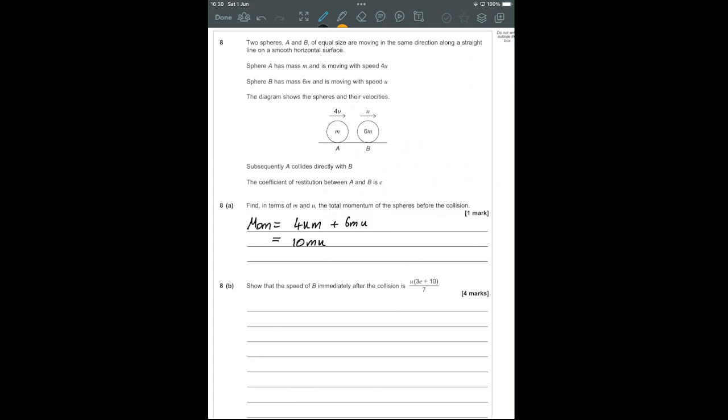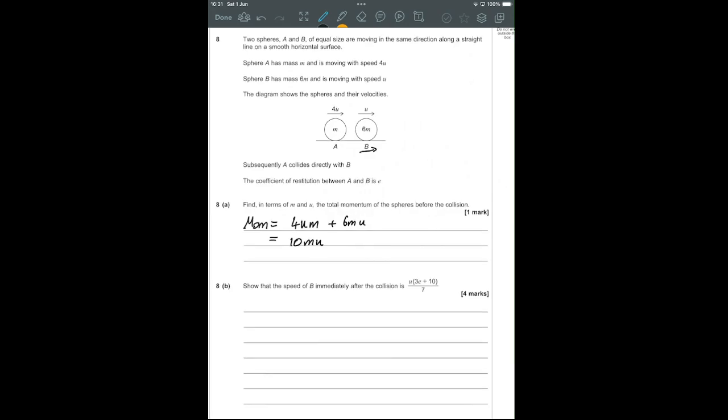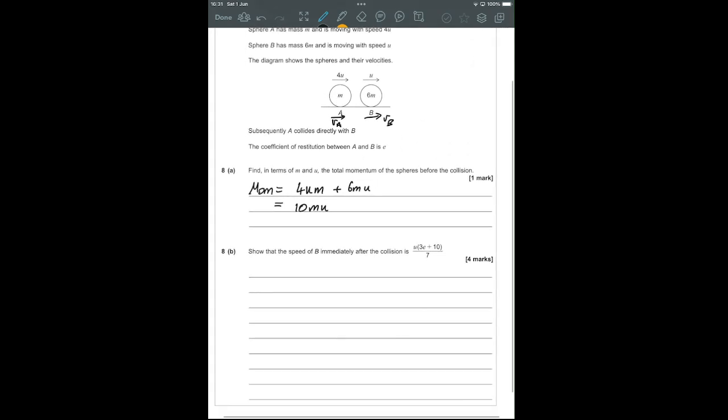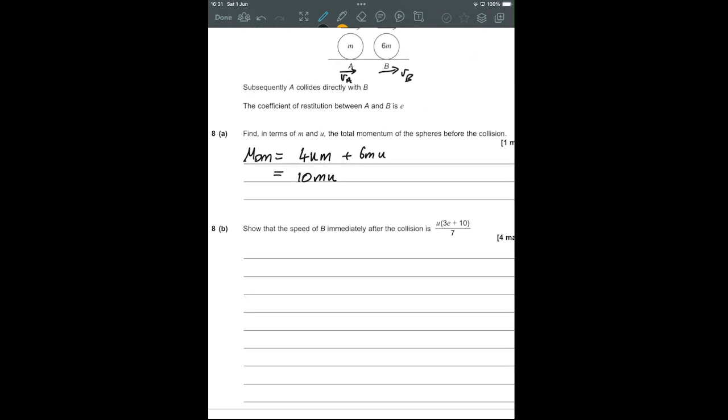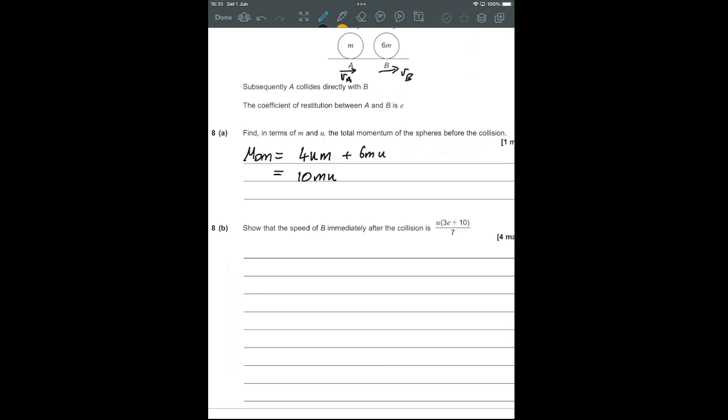So now we need to find the speed of B after the collision. Well, we've got 2 formulae. Now, the first thing we should do is label on to our picture what we think is going to happen. I'm going to put them both going in the same direction. And if I was wrong, then one of them will come out negative later. So let's set up our two equations.